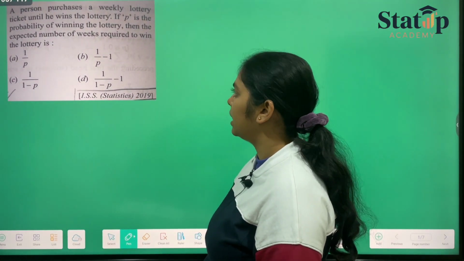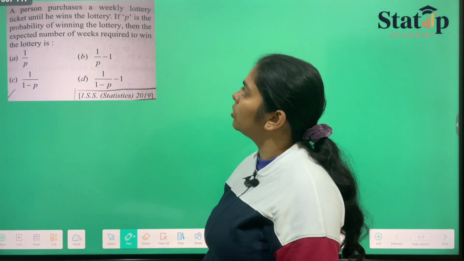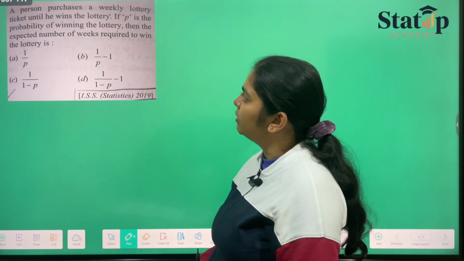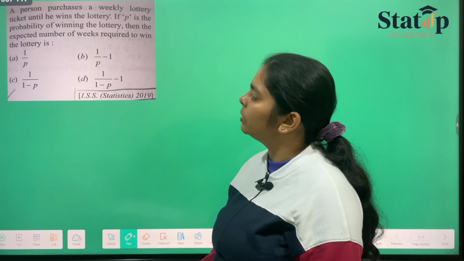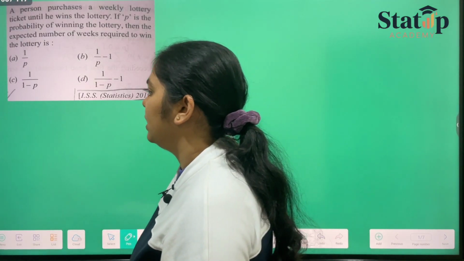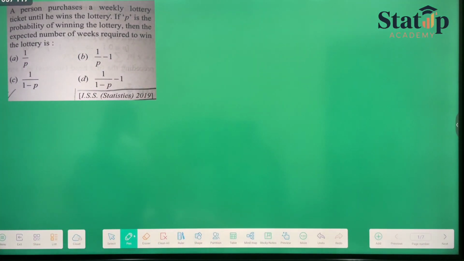Here they have said that a person purchases a weekly lottery ticket until he wins the lottery. P is the probability of winning the lottery, then the expected number of weeks required to win the lottery. So let us suppose that this person that we are talking about has won the lottery.